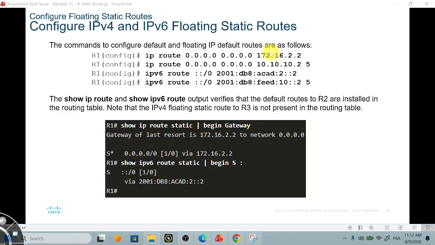So the floating static route is exactly like a static route except that it adds the administrative distance value, here 5. It's the same. If you go to the static route, you will see the same here.